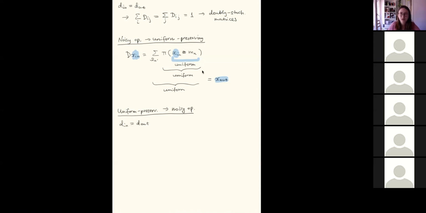Then we have just shown that the uniform preserving map is actually a doubly stochastic map. So D is doubly stochastic. This is very useful for us because here we can just use Birkhoff's theorem, which says that any doubly stochastic map can be represented as a mixture of permutations.